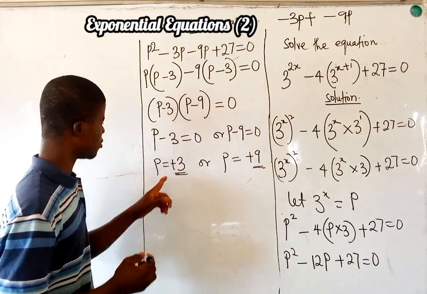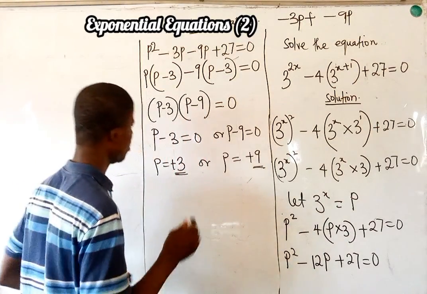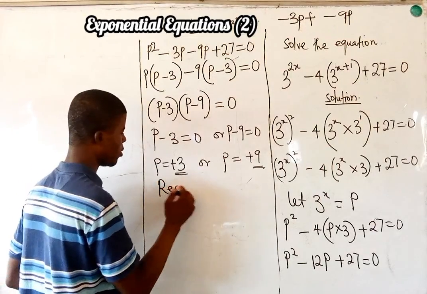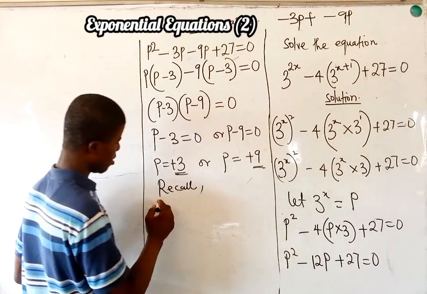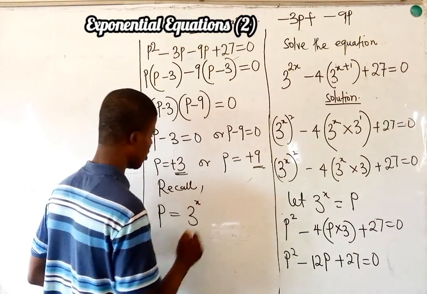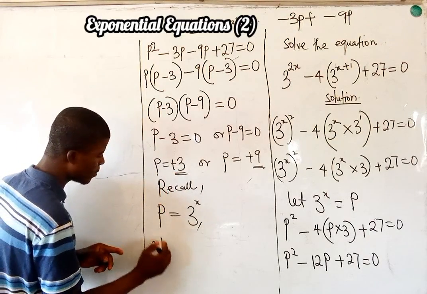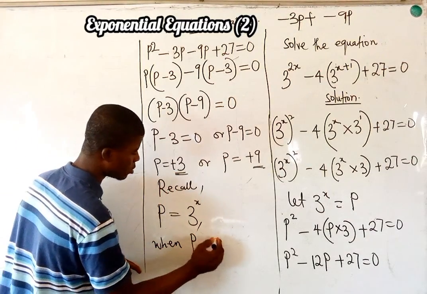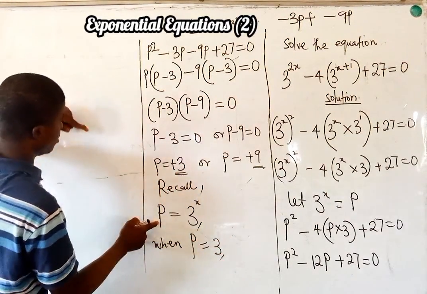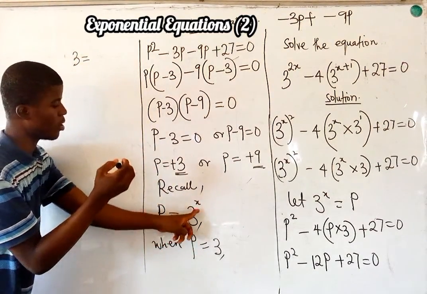Now these are the values of p, not x, in this equation. Recall that we said p is equal to 3 to the power of x. The first value of p is 3. So when p is equal to 3, we replace p with 3: 3 is equal to 3 to the power of x.